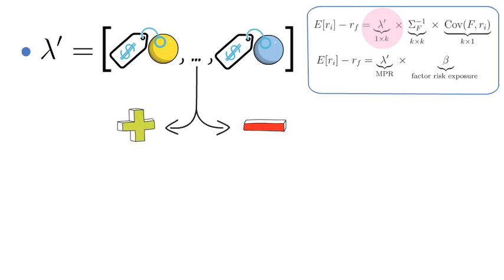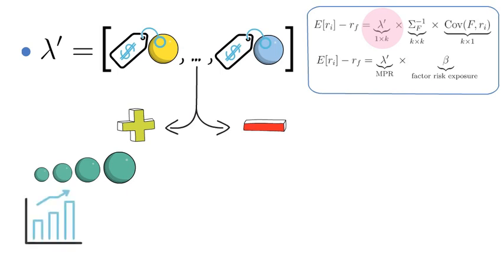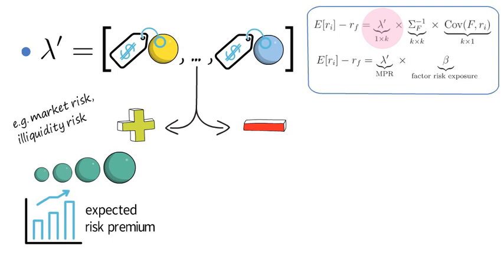Also note, each element of lambda can be negative or positive. A positive value for lambda implies that a rising amount of factor risk goes along with an increased expected risk premium. Typical examples are risk factors such as market risk or illiquidity risk.